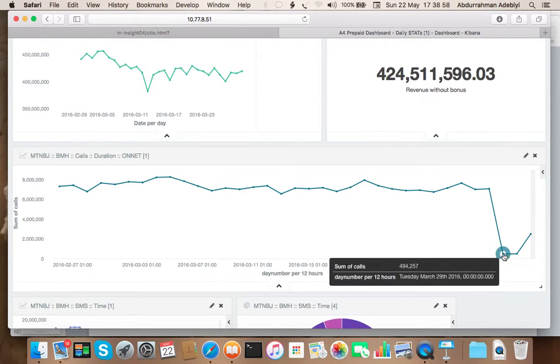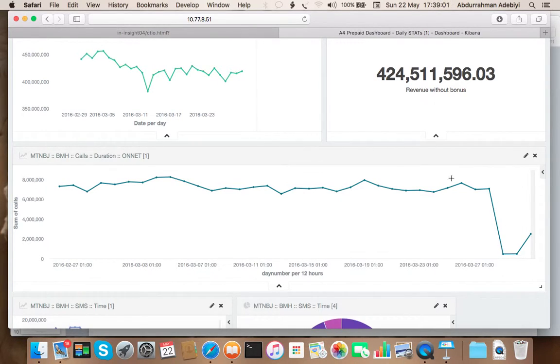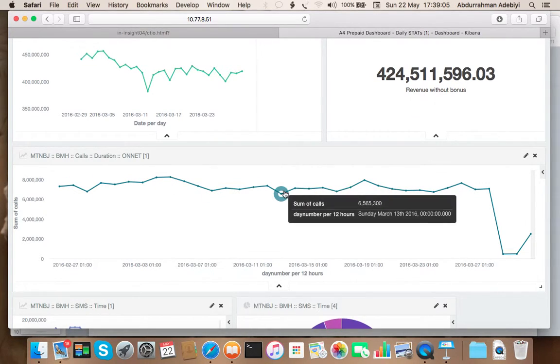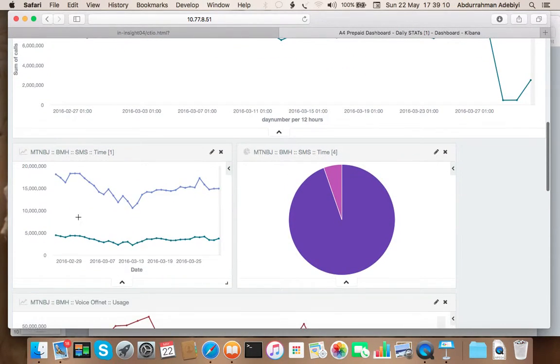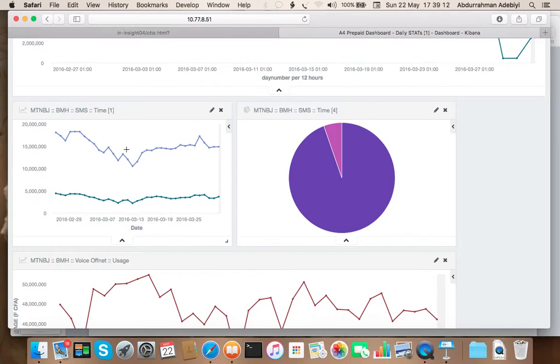I guess this was an incomplete date. So it's basically between 6 million and 8 million for on-net call duration. SMS as well.